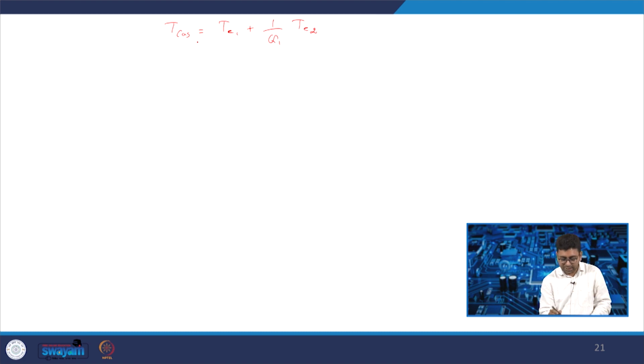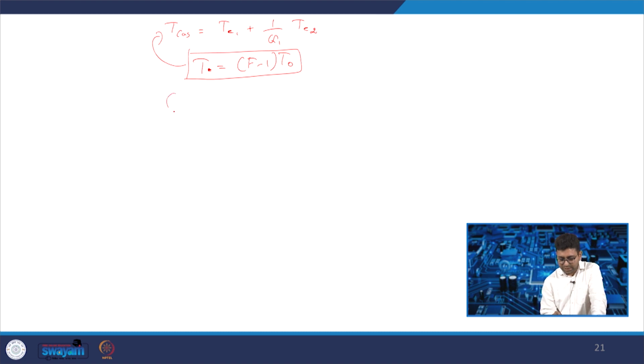The relation between the noise figure and temperature is given by TE equal to F minus 1 into T0. So I replace this equation in this.